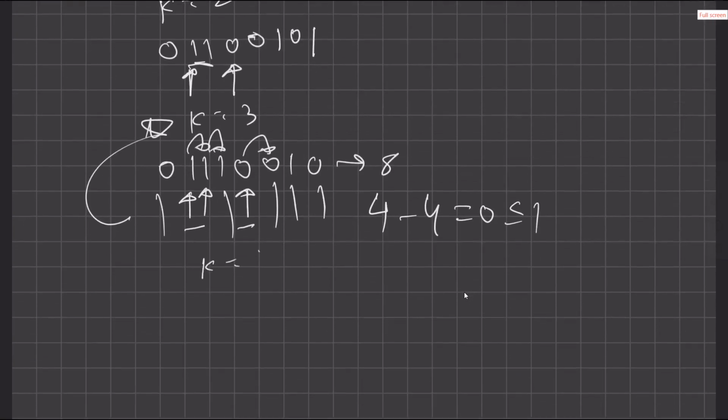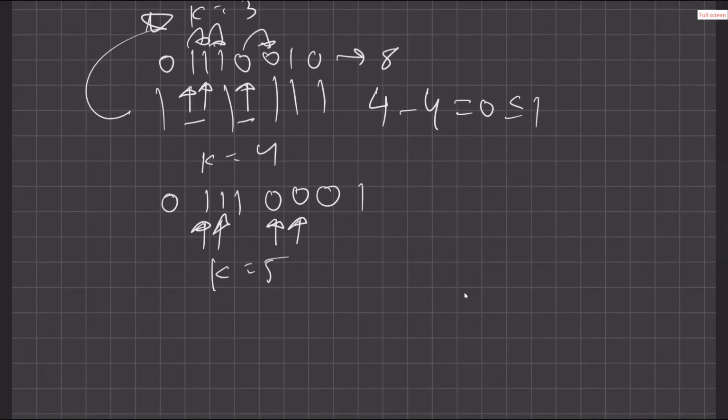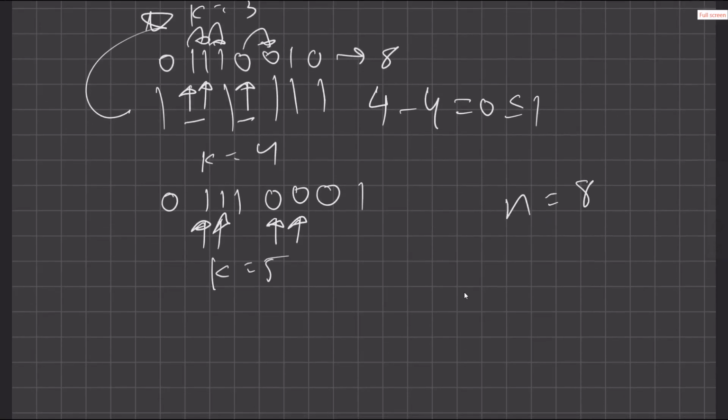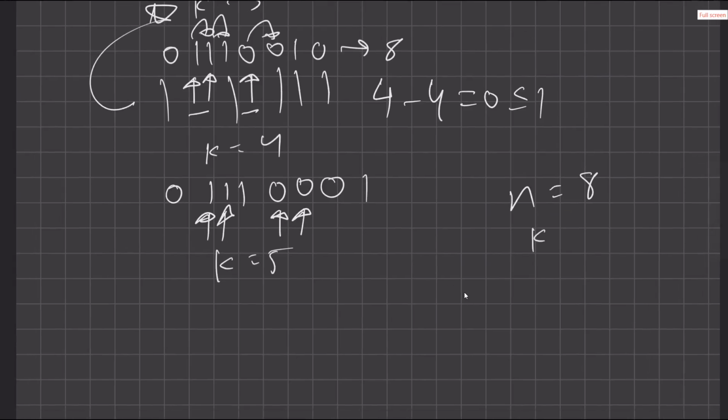Similarly, for k is equal to 4, what are you going to do? 0 1 1 1, 0 0 0, because these two are going to serve as k is equal to 4, and the remaining one you will have to put in, right? When k is 5, so for n is equal to 8, I told you how to find it. Max k is going to be n minus 2, which is 6.